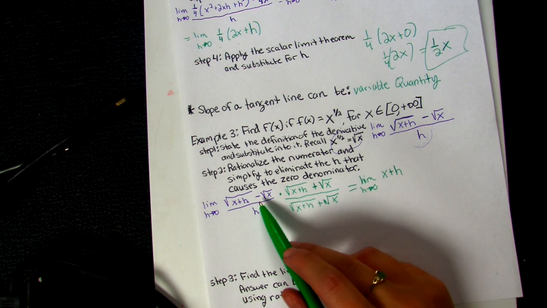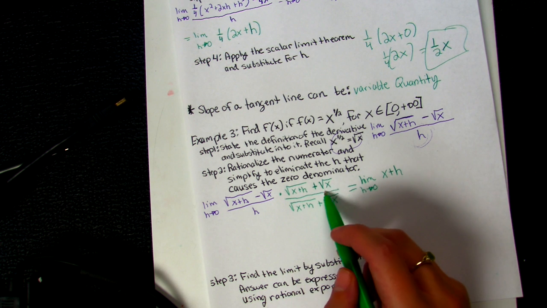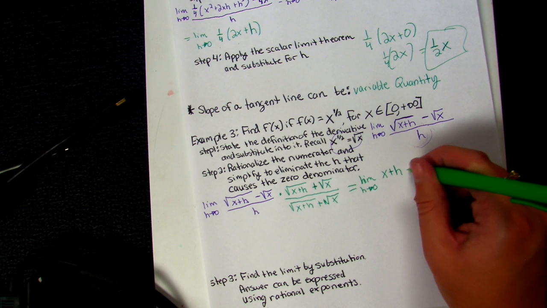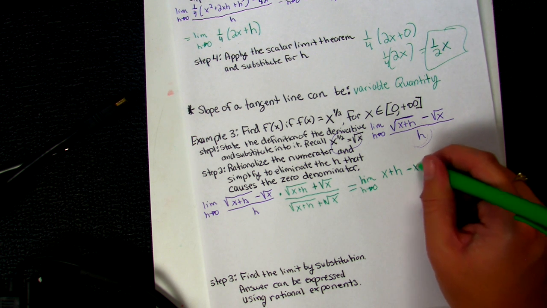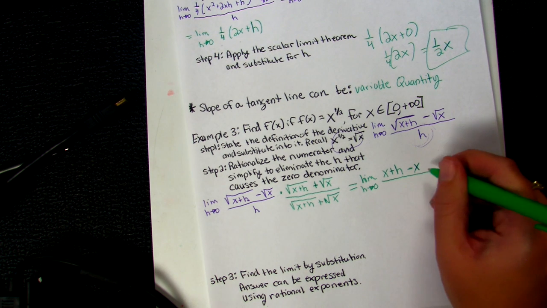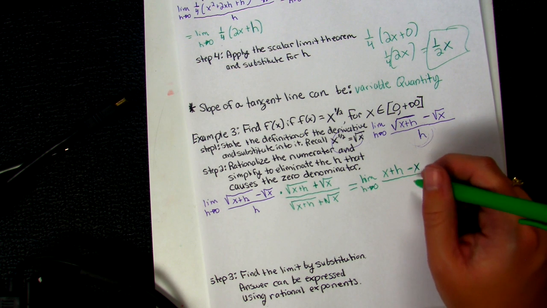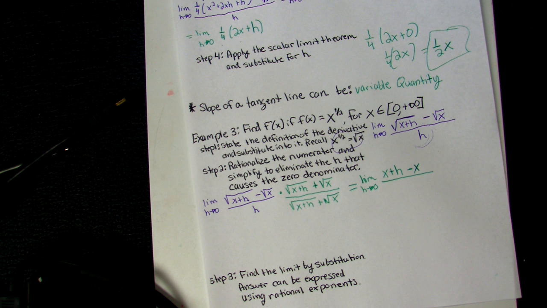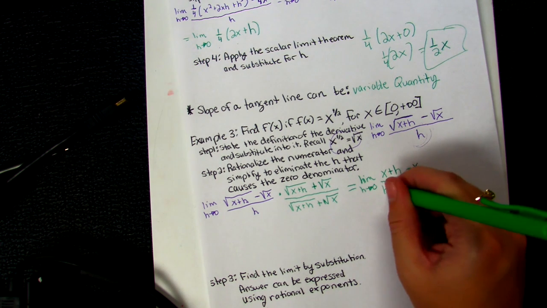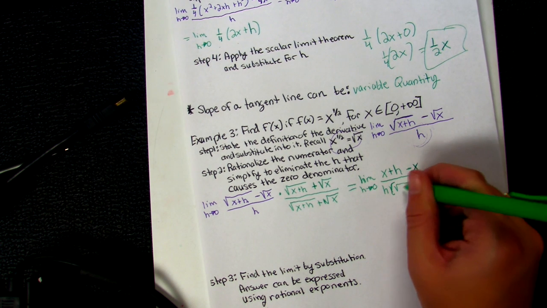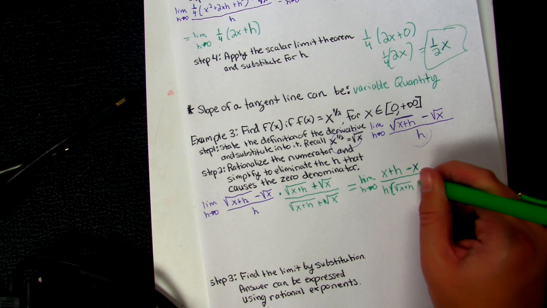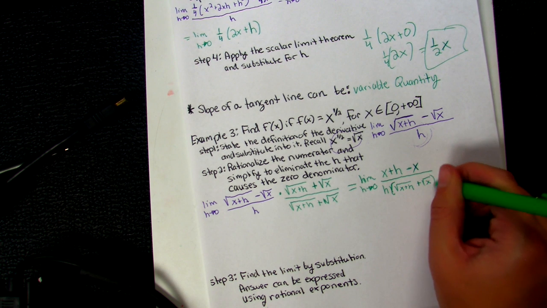And then I get minus the square root of x times the square root of x, which gives me minus x. So that's what I have in my numerator. And in my denominator, I have h times the square root of x plus h plus the square root of x.